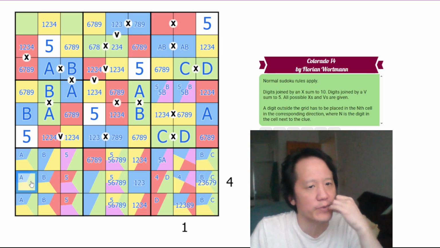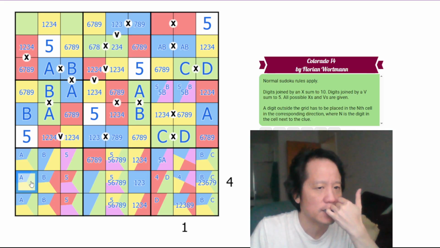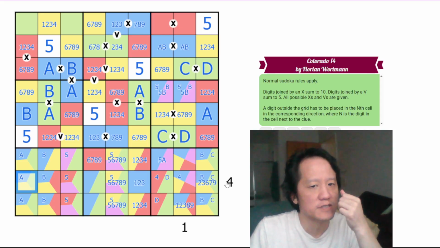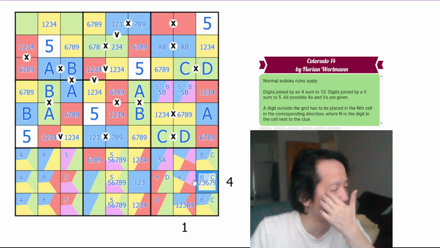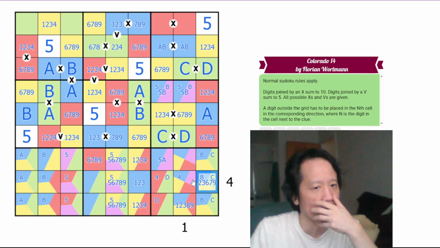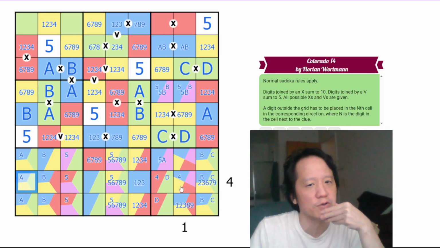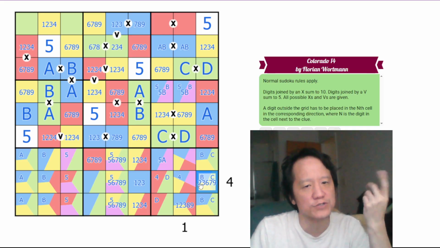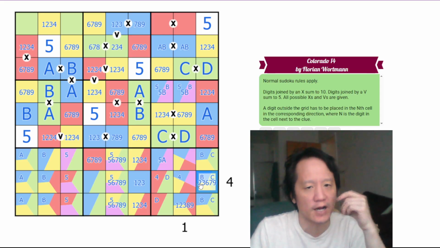It cannot be yellow. Why can't it be yellow? Because this has to be the high. It's either high yellow or it's blue or green. And if it's low yellow here, that means this can never be high yellow. But then 4 and 6 has to be paired with 1 and 9.